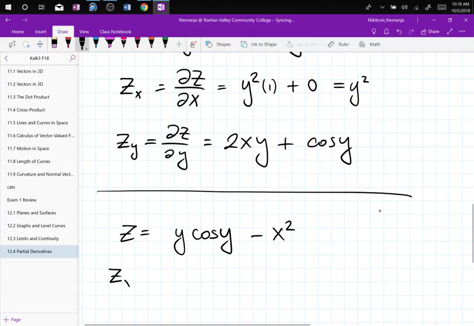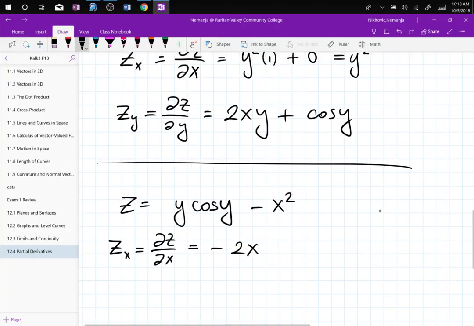So the partial derivative in respect to x, so partial z, partial x, is equal to. Is that going to be y cosine of y minus 2x? Well, remember that y is a constant. Oh, the derivative of a constant is? 0. Nice. So, negative 2x. Good. That's that.